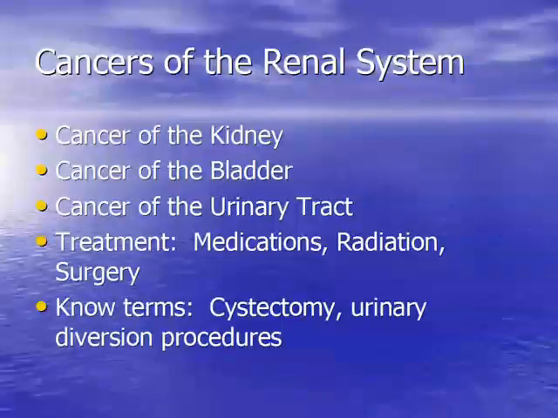So anytime patients have cancers of these areas, remember that urinary diversion procedures like an ileal conduit are potential options for that patient. That's where they transplant the ureters to the sigmoid or jejunum area, and then the patient would urinate by this method.